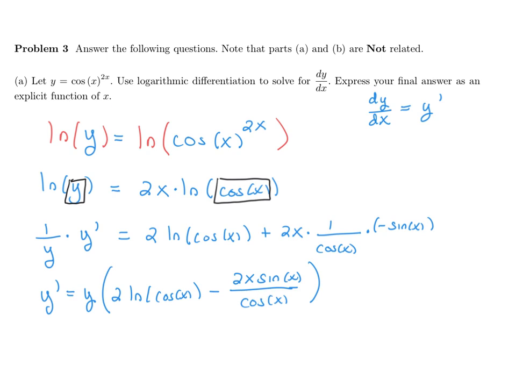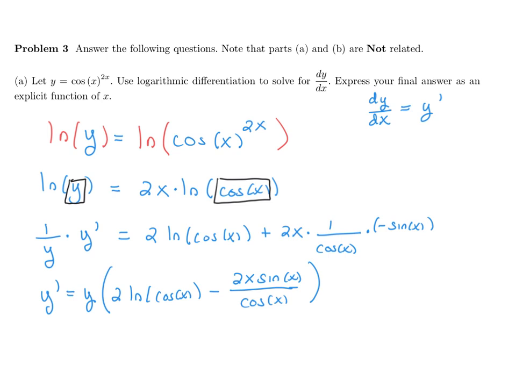The last thing to do is it says express this as an explicit function of x. Currently, this is not set up as an explicit function of x, and that's because we have this y here. How can we replace this so it's just in terms of x? I'll go back to the original equation. In place of this, I will write this.